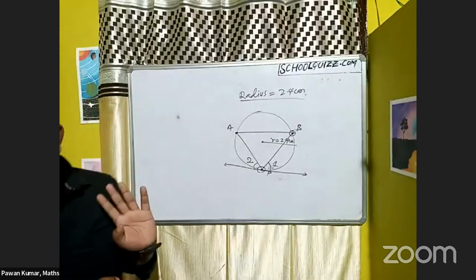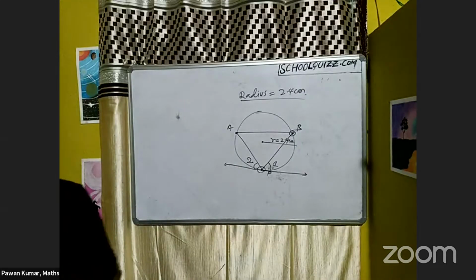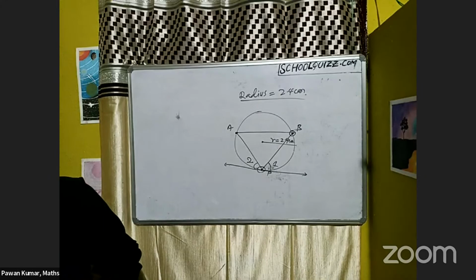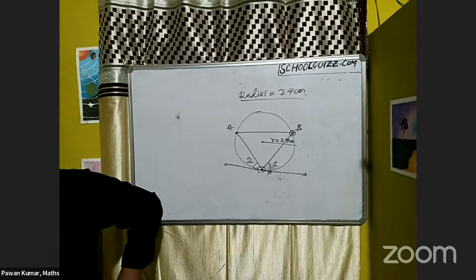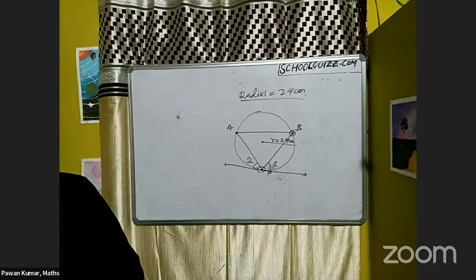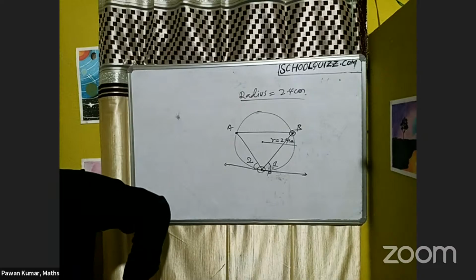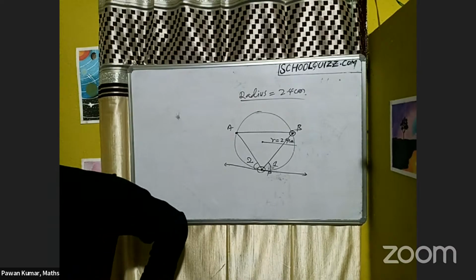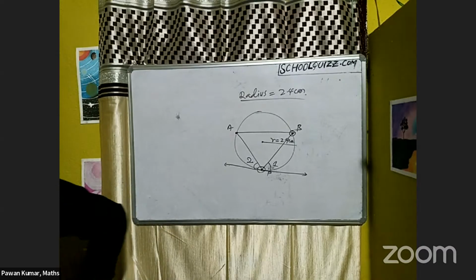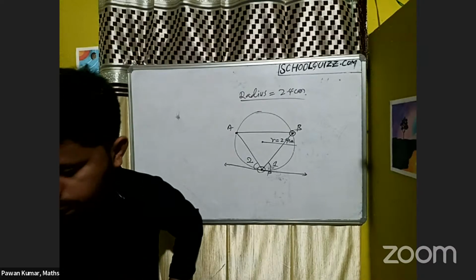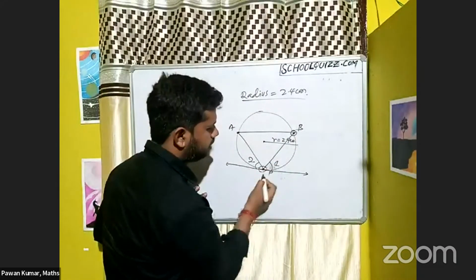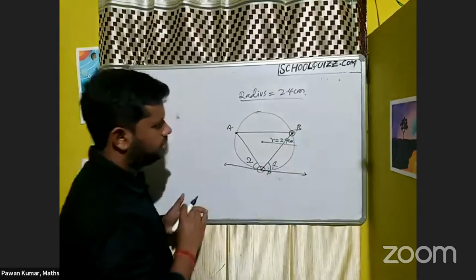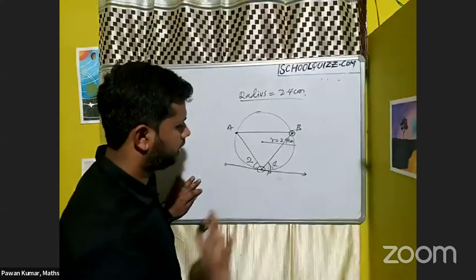Because see, draw the point of radius, take P, draw the center of the circle, draw the tangent to the circle. So simply what they are asking here: now they ask me to draw the angles.